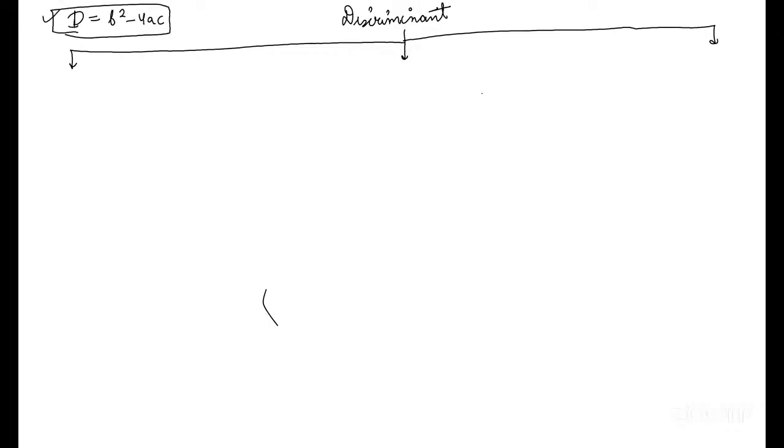Don't write now, listen, this is important. When you put the values in b square minus 4ac, you will get the value of D. If the value of D is greater than 0, then you will find two real distinct roots. Distinct means different.